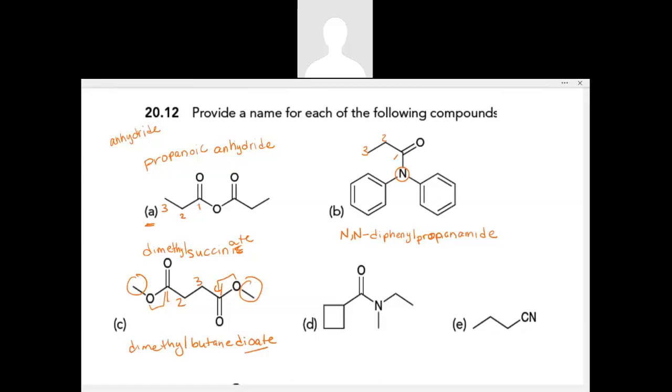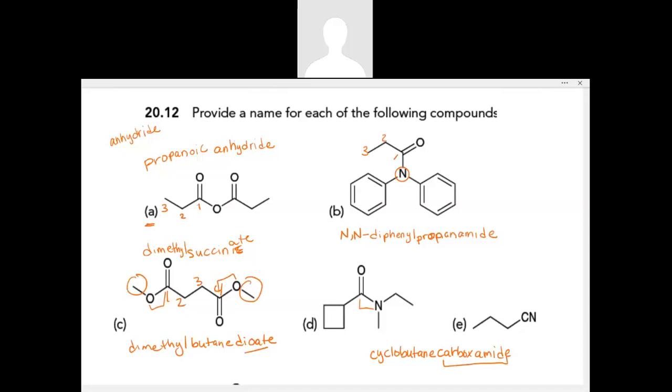This amide will be named with cyclobutane carboxylic acid as the parent. So let's write cyclobutane. And then instead of carboxylic acid, we're going to name this carboxamide, since this is an amide functional group and not a carboxylic acid anymore.